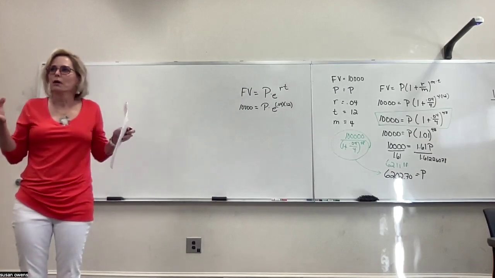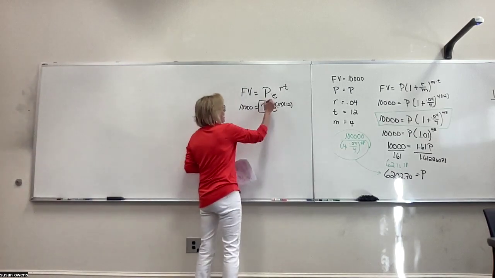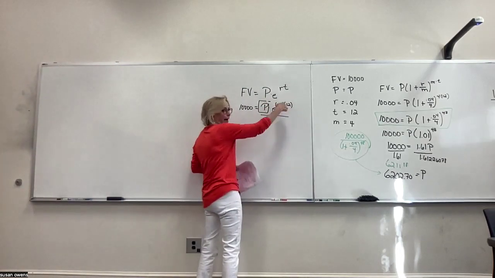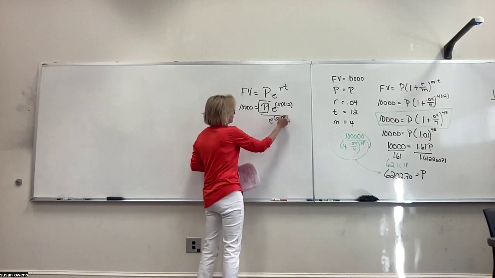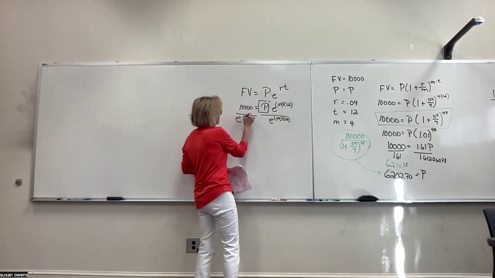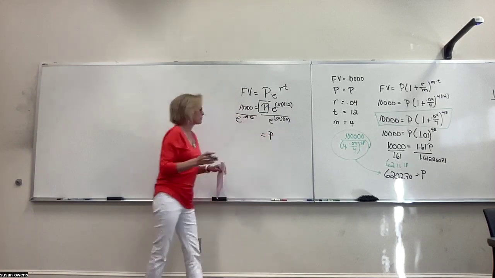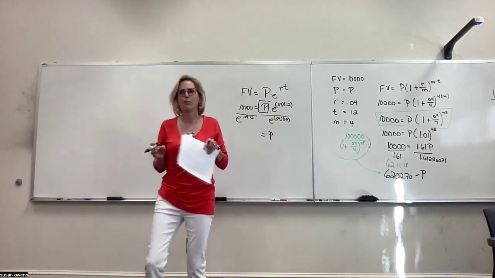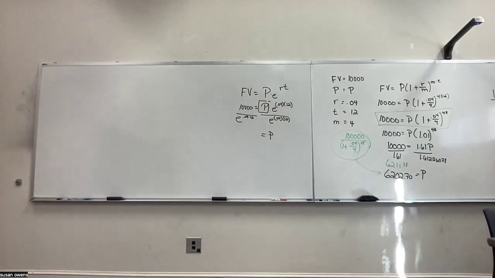So if you want to do it quickly, we know we want to get this P by itself, right? So we could just divide by all this. Make sure the 0.04 and the 12 are both in the exponent box. Use your fraction button, and what do you get?